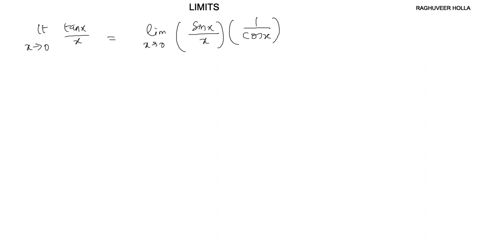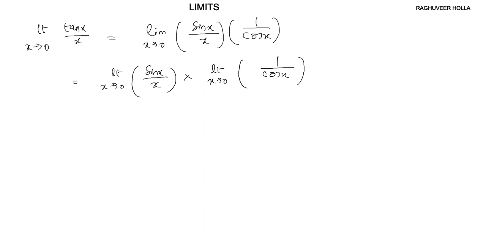Now let us separate this as limit x tends to 0 of (sin x/x) multiplied by limit x tends to 0 of 1/cos x. This results in 1 as x tends to 0, and this also results in 1, so this will result in 1.